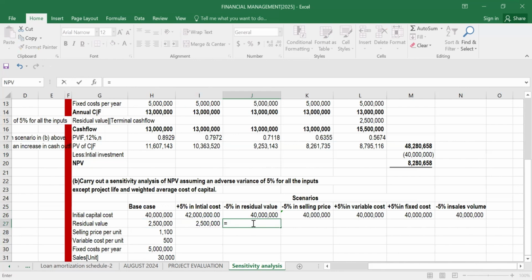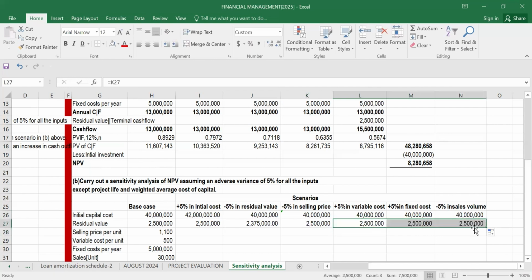So here it will be equal to 95% or 0.95 times whatever you have here. It is reducing with 5%, but in all the other scenarios, it remains the same. It remains 2.5, like that.